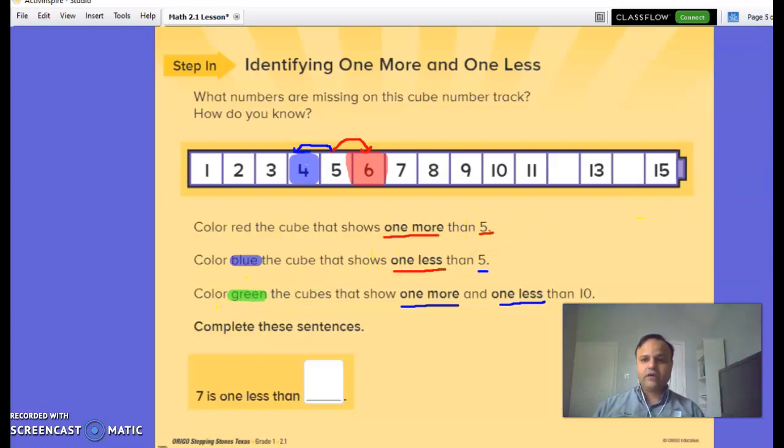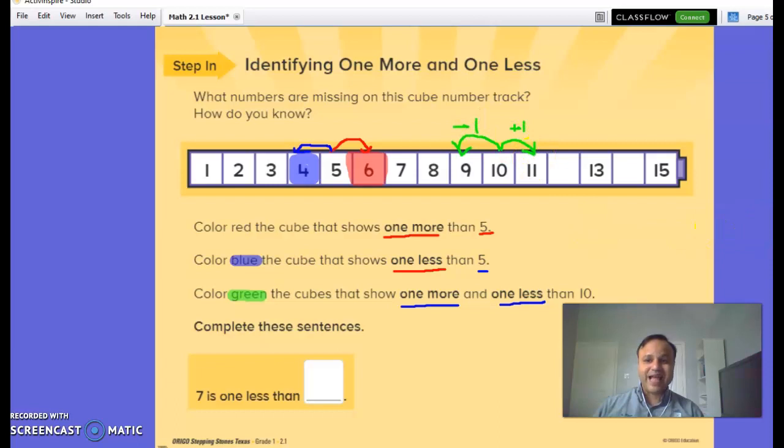And now I'm going to get my number, and I go to number 10. This is my number 10. One more is going to my right. So this is one more, so it's plus 1. And I'm going to move to this side for one less. And this means minus 1.